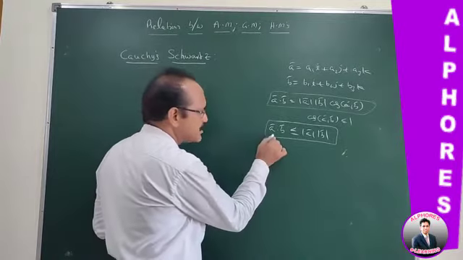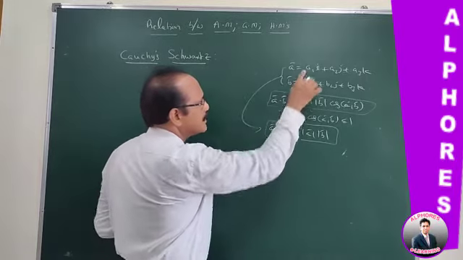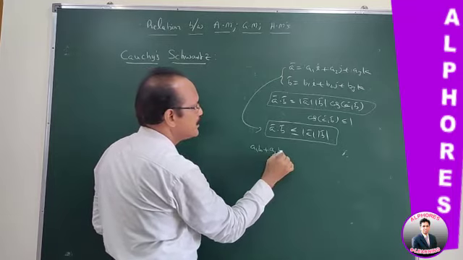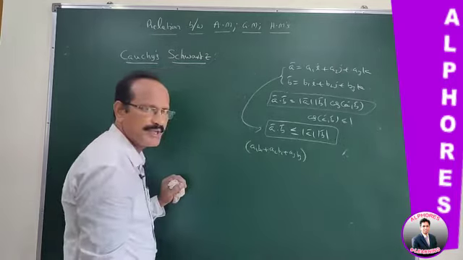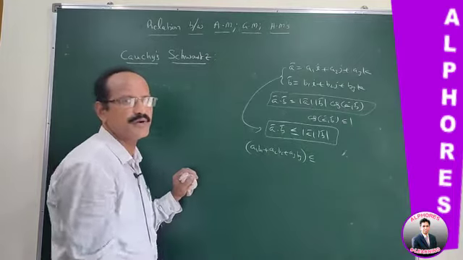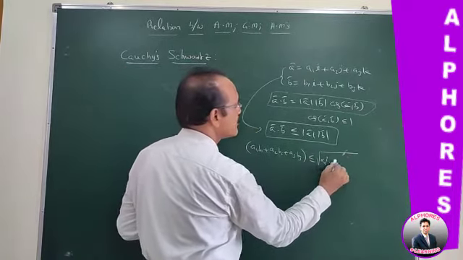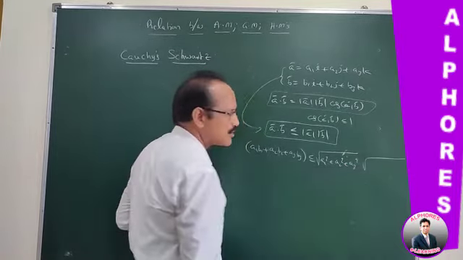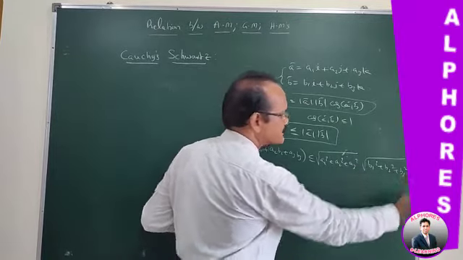Based on this, we can calculate this value. A dot B is A1 B1 plus A2 B2 plus A3 B3, right? The dot product of A bar and B bar is less than or equal to the magnitude of A bar, which is the square root of A1 square plus A2 square plus A3 square, into the magnitude of B bar, the square root of B1 square plus B2 square plus B3 square.